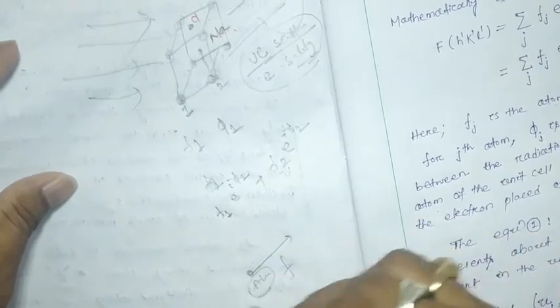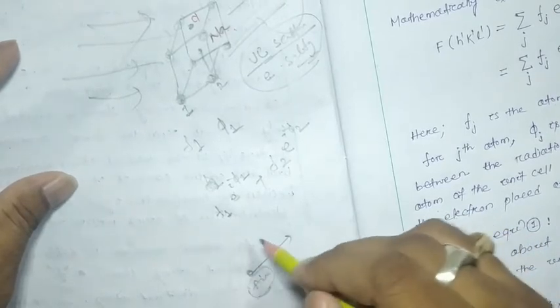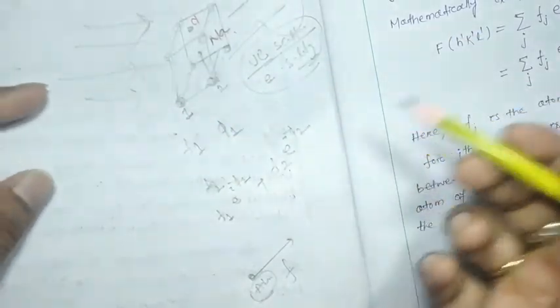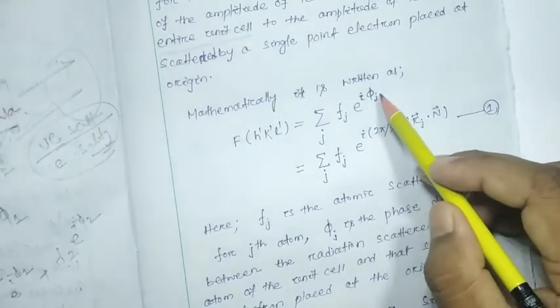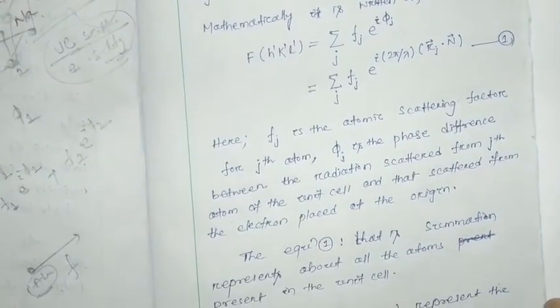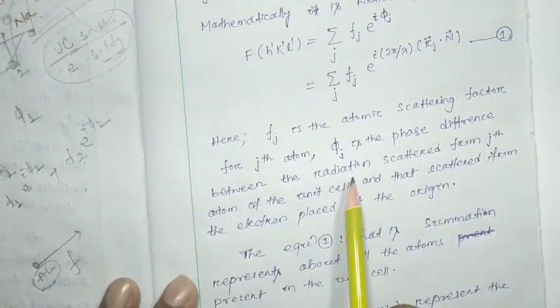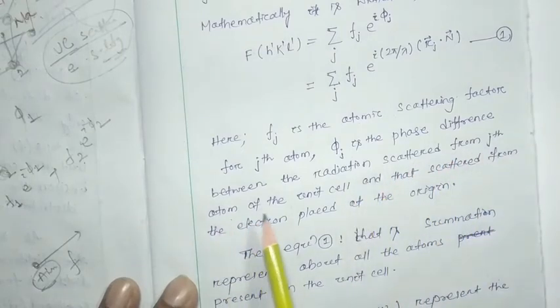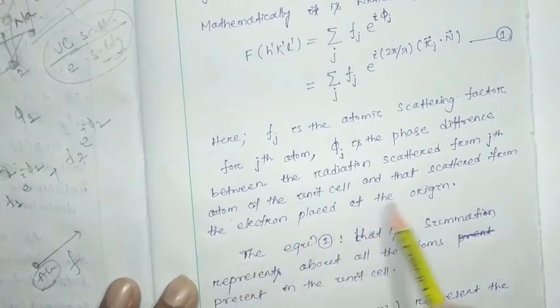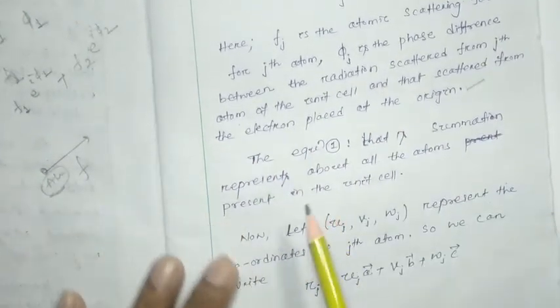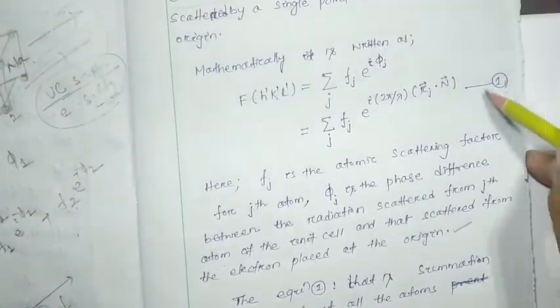So the total scattering amplitude is the summation over all the atoms, considering the phase difference between the atom and its corresponding electron. So phi j is the phase difference between the radiation scattered from the jth atom of the unit cell and that scattered from the electron placed at the origin. Clear? This is equation number 1.